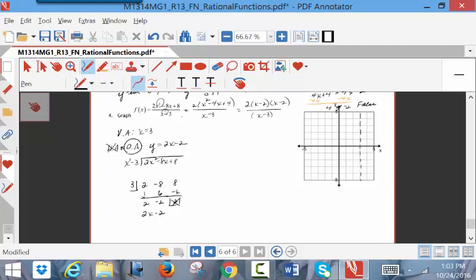And so we need a couple of points to graph it. And so I'm going to draw a table here and just come up with a couple of easy points. If x is 0, y would be negative 2. And if x was 2, y would be 2 times 2 is 4 minus 2. So this is my oblique asymptote passing through the point 0, negative 2, and the point 2, 2.